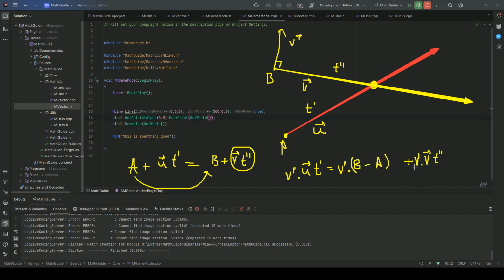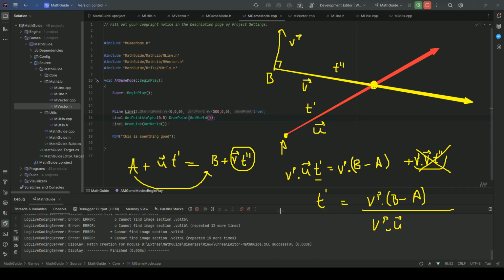When we multiply these two, it will be 0, so that means it will be gone from the equation. And we want to calculate T dash. So T dash will be equal to V perp dot product with B minus A, upon V perp dot product with vector U again.